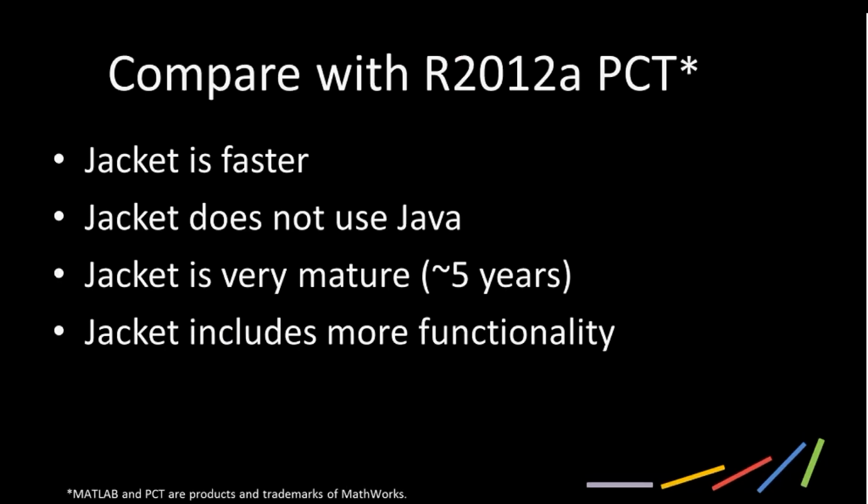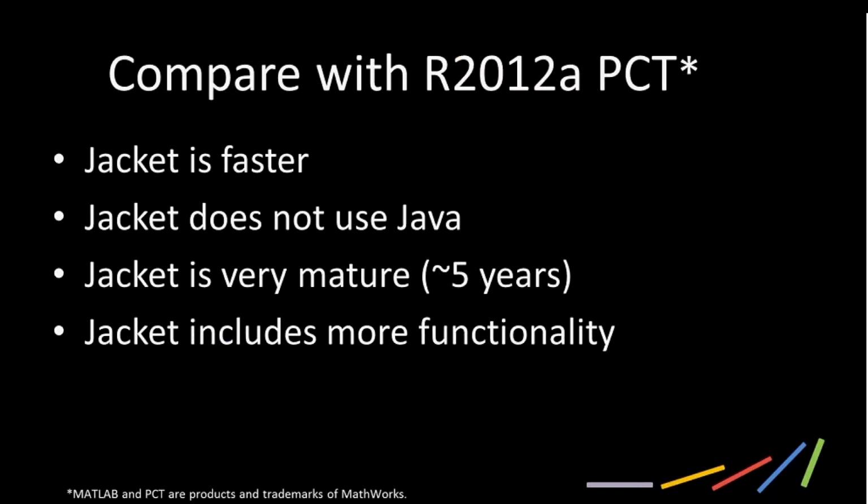And that comes down to four reasons. Number one, the biggest one, of course, is that Jacket is just simply much faster. Jacket does not use this Java embedding that the parallel computing toolbox is limited to, and therefore does not experience the overheads that are associated with that.